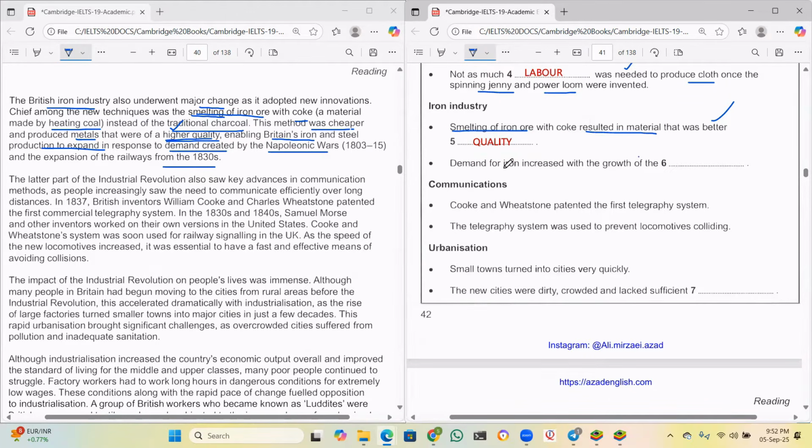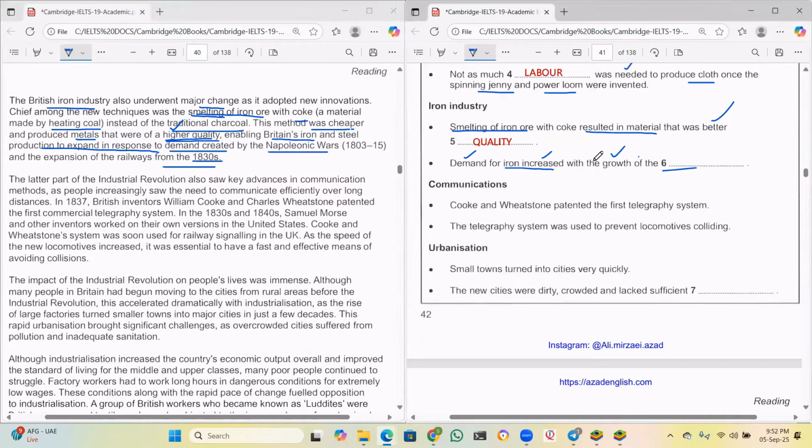So far, so good. Next one, demand for iron increased with the growth of the dash. Now he's talking about the demand for iron increasing with the growth of dash. Enabling Britain's iron and steel production to expand in response to demand created by Napoleonic wars and the expansion of railways from the 1830s.